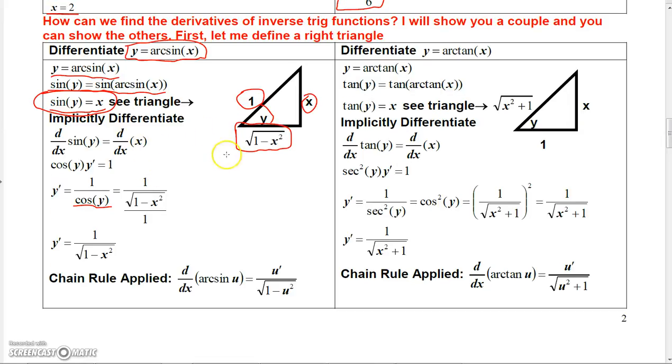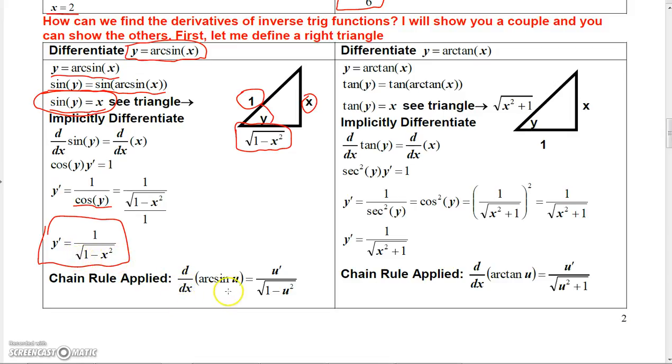So now if that's true, then cosine of y, remember, would be adjacent over hypotenuse, so that would be the square root of 1 minus x squared over 1. So you get 1 over that square root. So y prime would be 1 over the square root of 1 minus x squared. So again, if y is the arc sine of x, then y prime would be 1 over the square root of 1 minus x squared.